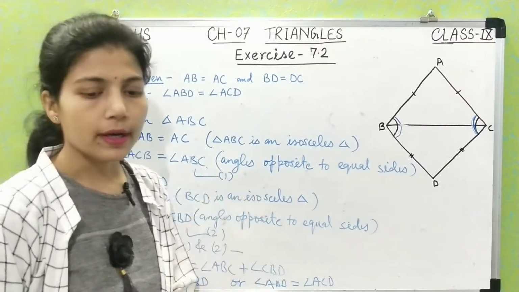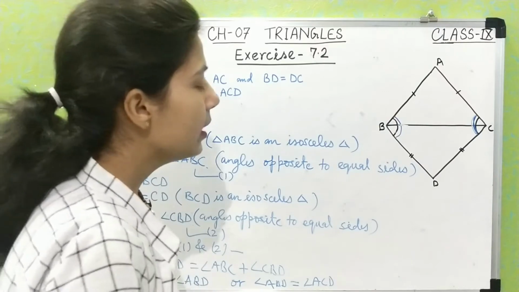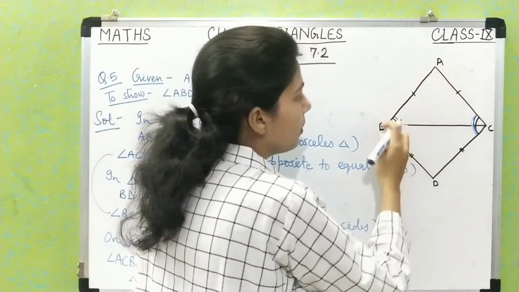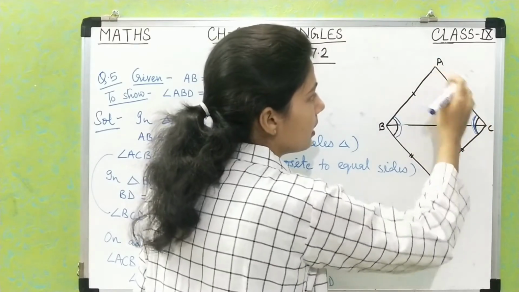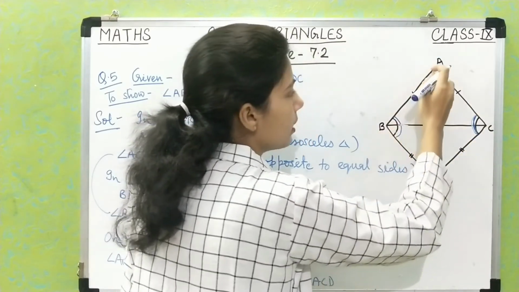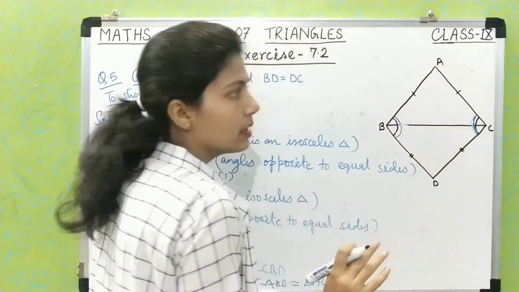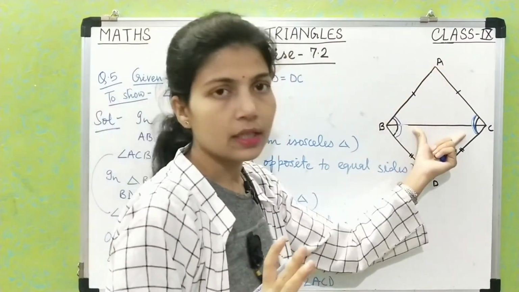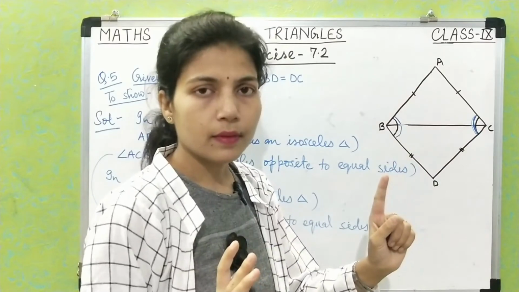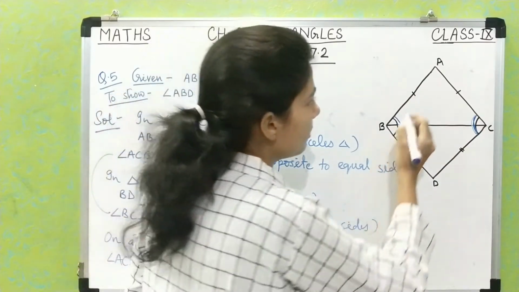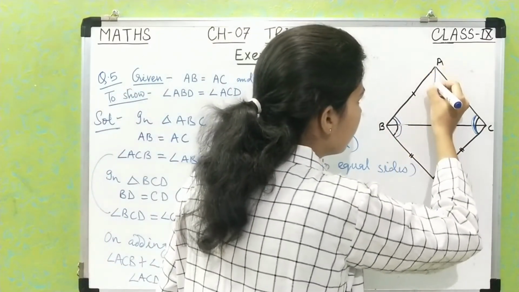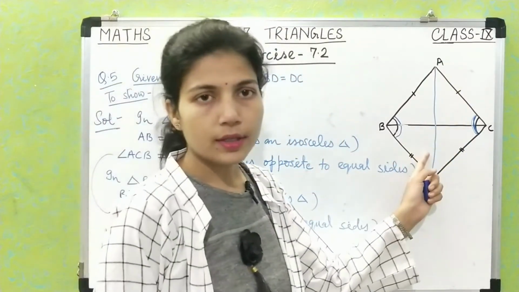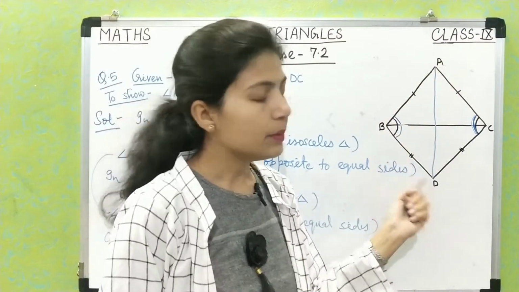There is another way, in which you have to make a construction. ABDC is a quadrilateral. Here BC is one of its diagonals, and if we join A to D, then this is also a diagonal of the quadrilateral ABDC.